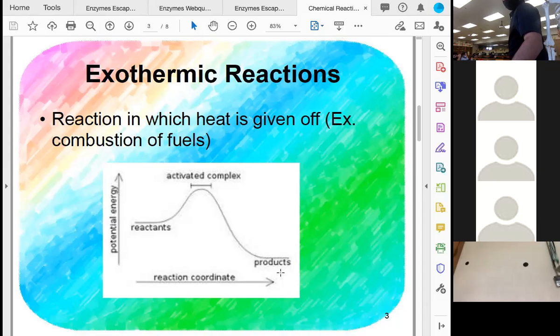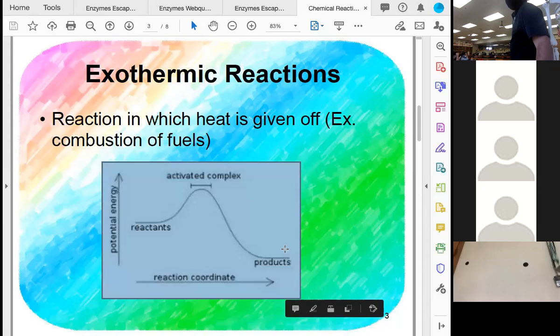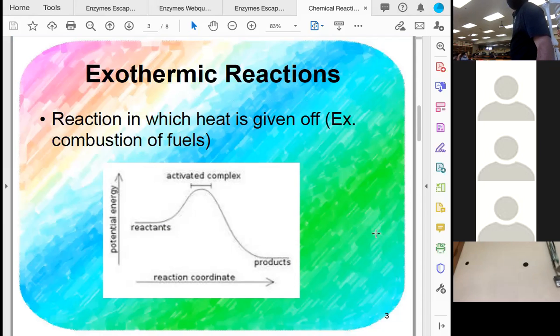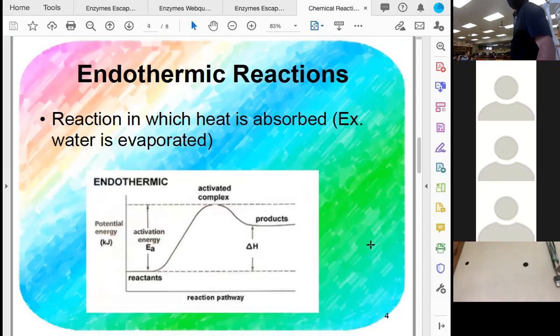Now, the opposite of that is endothermic. So here, again, same thing. We've got time and energy. Here you've got the reactants, energy to start the reaction.